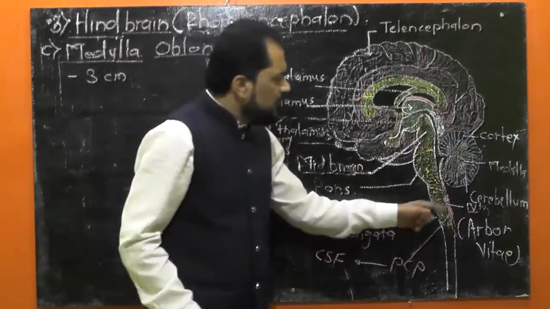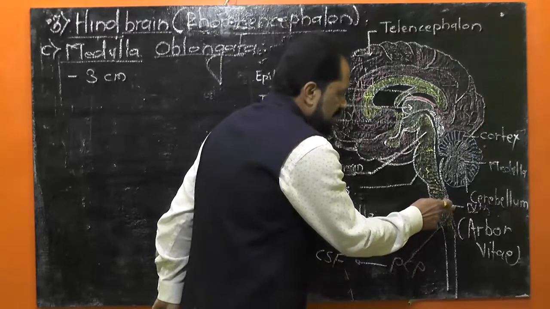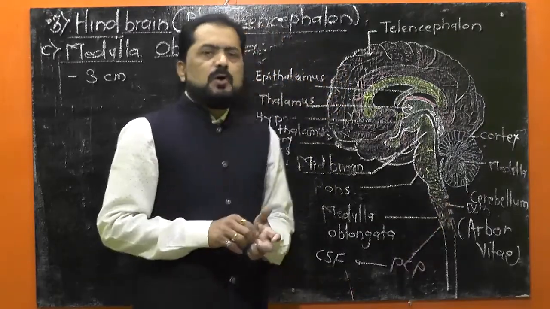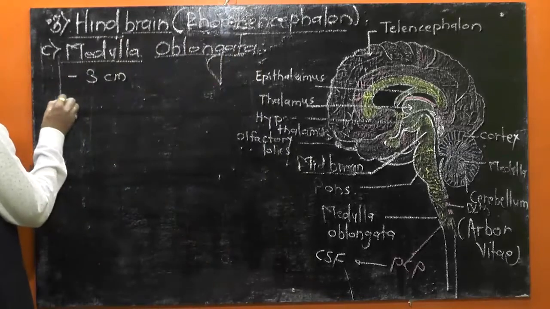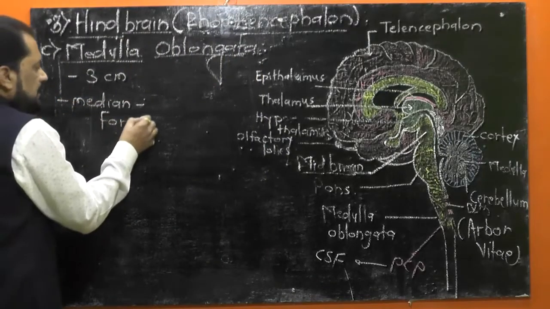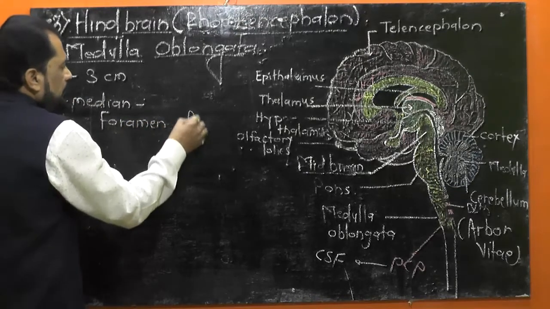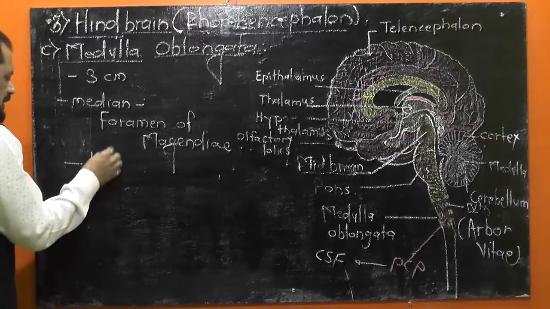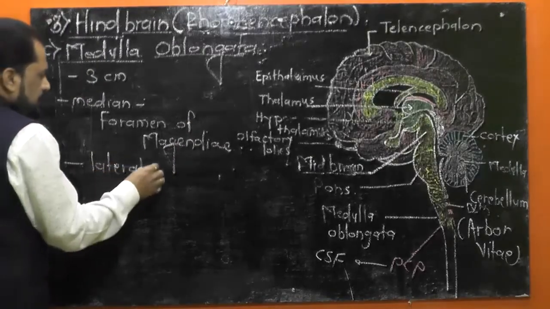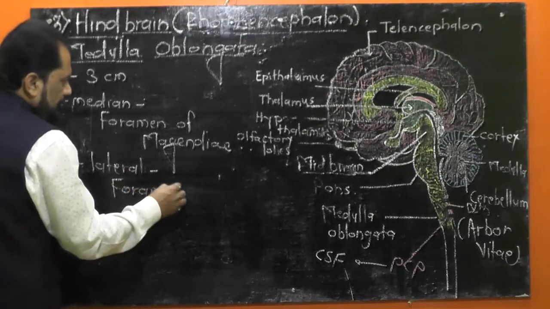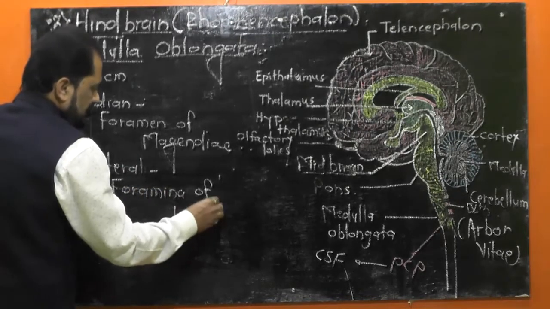The roof of medulla oblongata has 3 openings. On the roof of medulla oblongata there are 3 small openings. These are named as median foramen of Magendie, and 2 lateral openings known as foramina of Luschka. Now, what is the role of these openings?